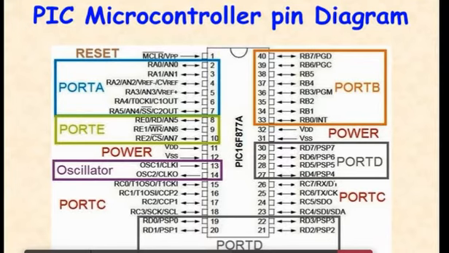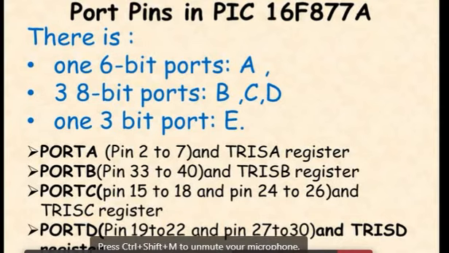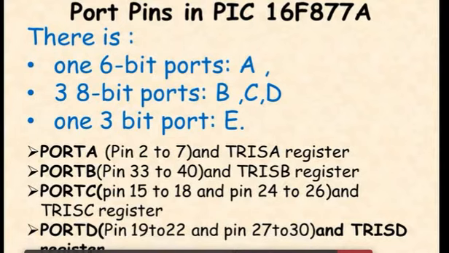What basic requirements should you know for the PIC microcontroller to do the lab? You should know how many pins are there. There is one 6-bit port, port A. Then there are three 8-bit ports, port B, port C, port D, and one 3-bit port, port E. If you count the port pins, port A is 6, B, C, D are 8 each, which is 24, and E is 3.